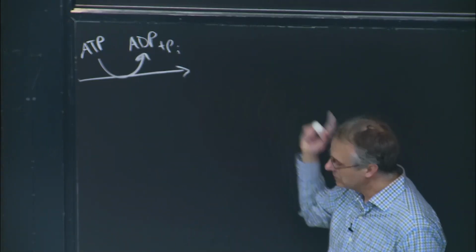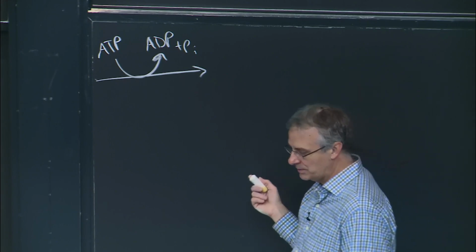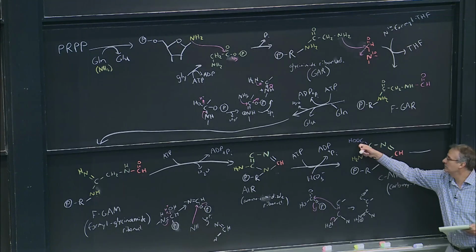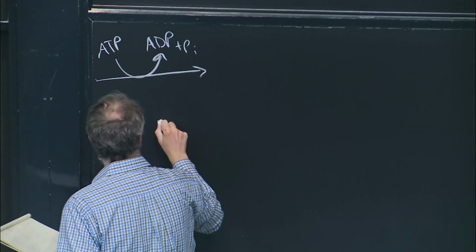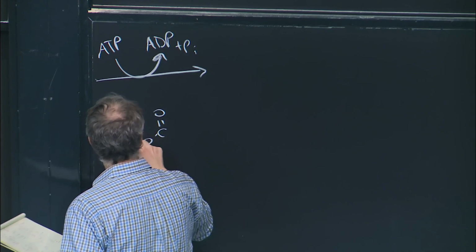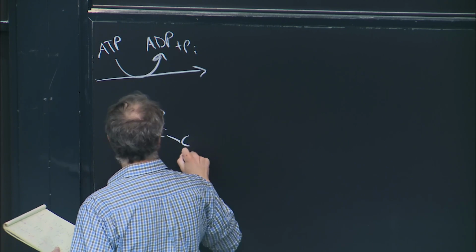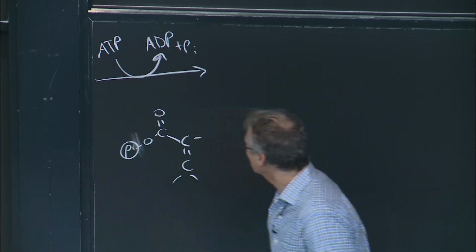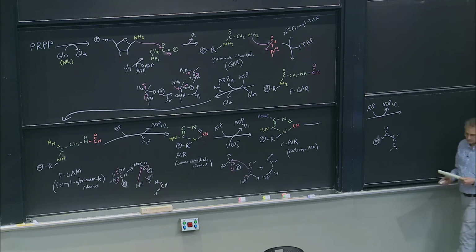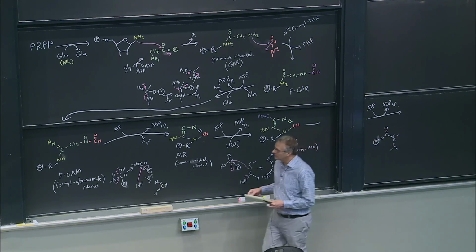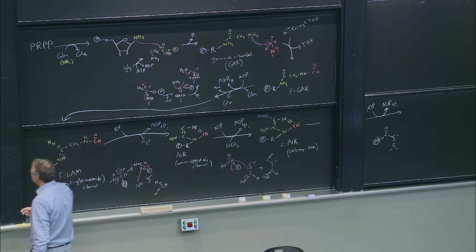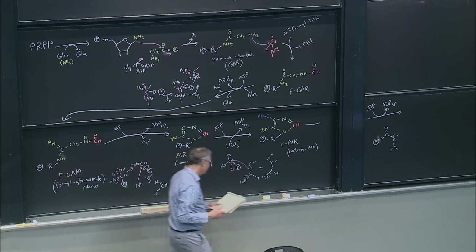In this case, it's just ATP to ADP plus Pi. So that's going to phosphorylate this acid group. I'm not going to draw the whole thing. Phosphorylate that, and then we'll have an aspartate molecule.